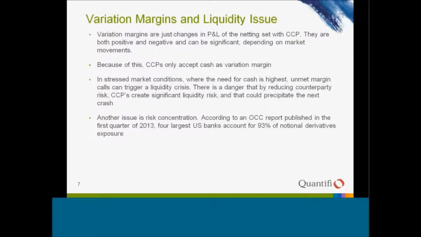Okay, variation margins. Here I will also discuss liquidity issues because they are closely related. Variation margins are just changes in P&L of the netting set with the CCP. They're both positive and negative depending on how the PV of the trade changes during the life of the trade, or the whole netting set again.